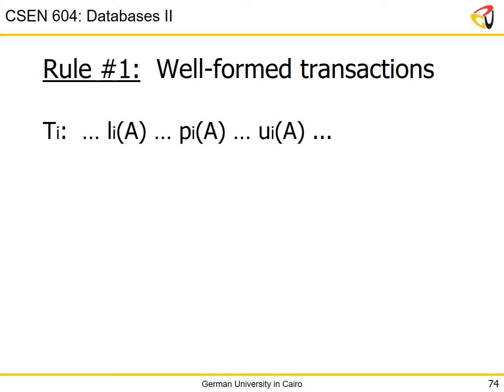If it gets it, it's going to release the lock after it's done with the resource. The P here stands for processing A. So before a transaction accesses A or processes A, it will request the lock for A. And when it's done with the processing of A, whatever it's doing, it will unlock the lock on A.